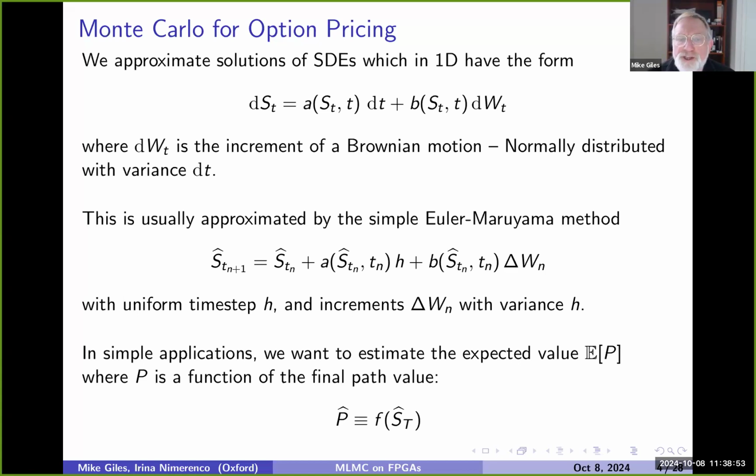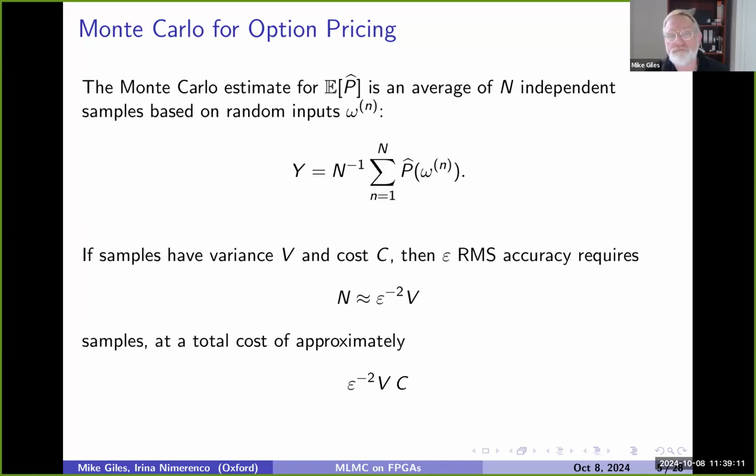In simple applications, what we want to do is to estimate the expected value of some financial option P, which depends, in the simplest case, on the final path value coming out of the SDE simulation. Monte Carlo methods are incredibly simple. We simply do N independent samples based on independent random inputs for our SDE simulation, and we take an average of those values.